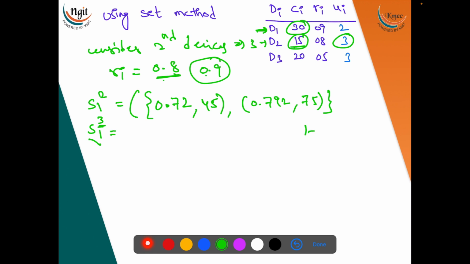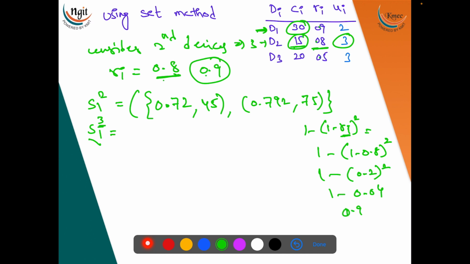The reliability formula is 1 minus (1 minus Ri) whole square. Ri value is 0.8, so 1 minus 0.2 whole square, 1 minus 0.04, which is 0.96. So the cost is 30 and the value is 0.96.